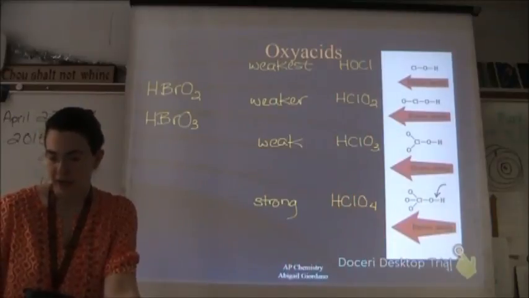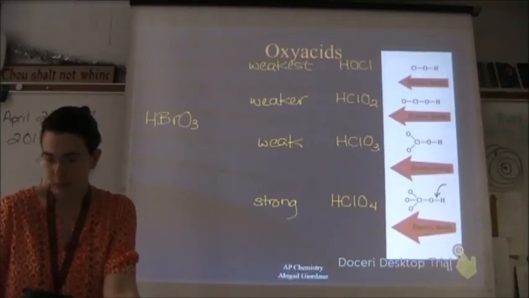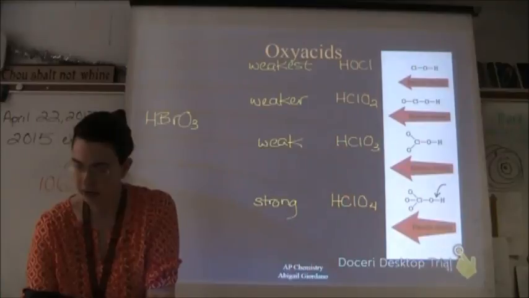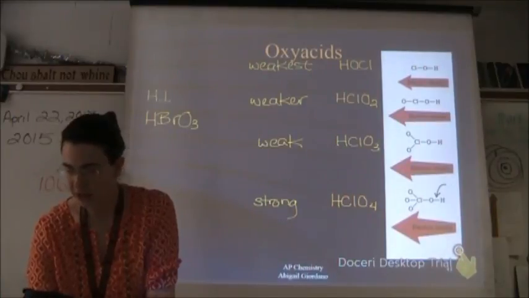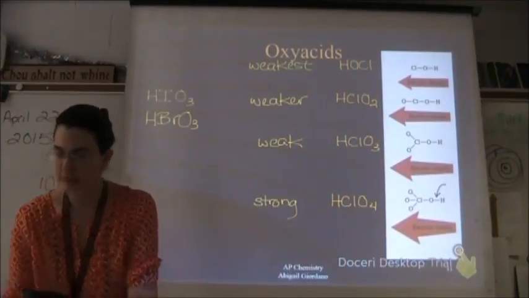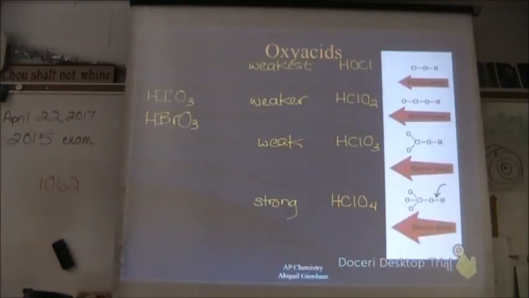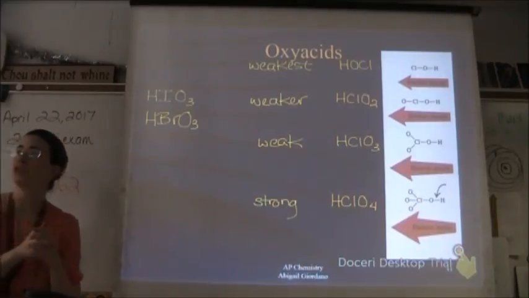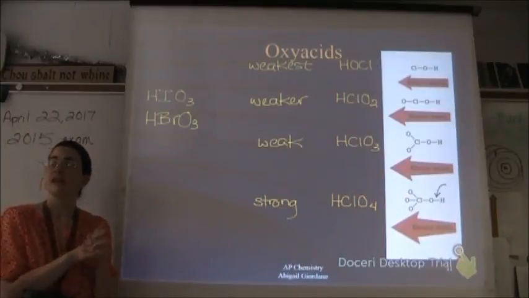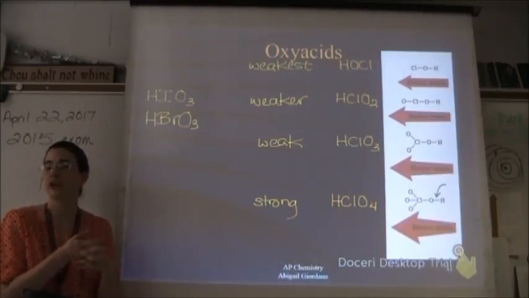Are you ready? What if I do this? What if I asked you to compare these two acids with the same number of oxygens? Which one do you think is the stronger acid?